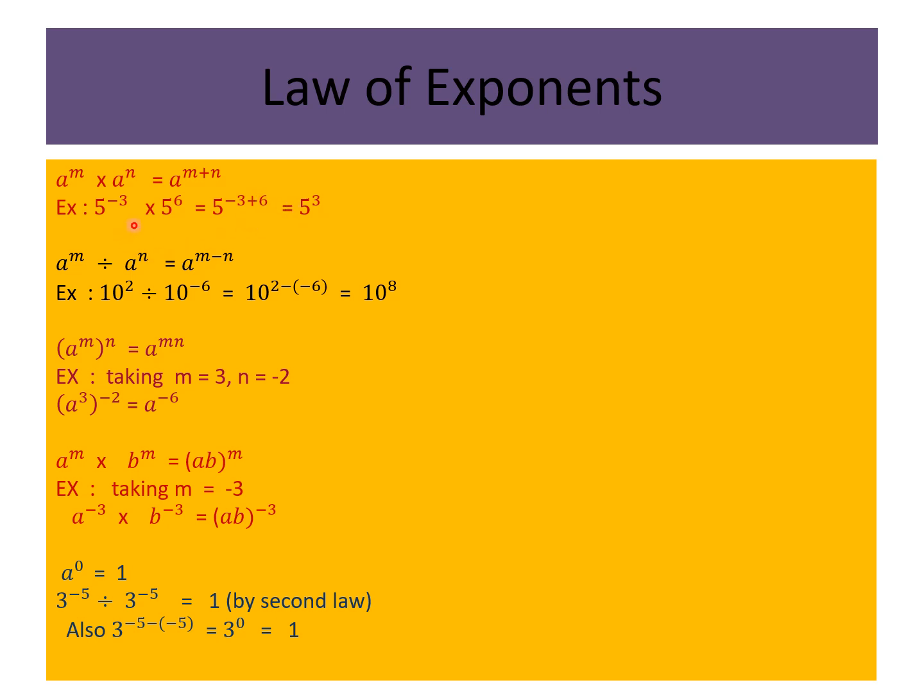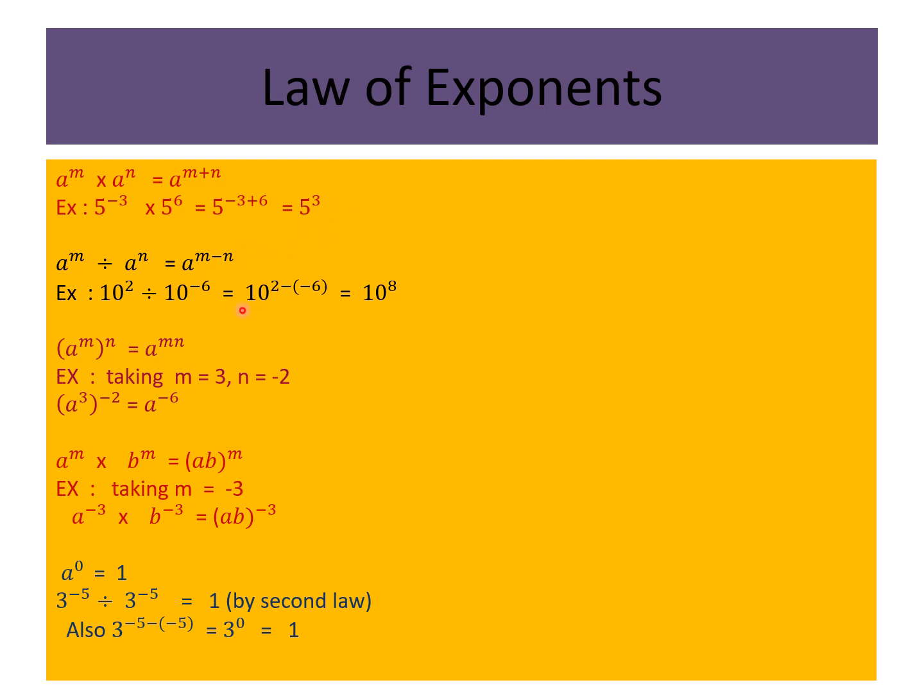Now we have the same base 5 and the exponents are minus 3 and 6. m equal to minus 3, n equal to 6. So we will get 5 power minus 3 plus 6. Be careful in adding the integers. Minus 3 plus 6, we will get 3. So we got the answer as 5 power 3.